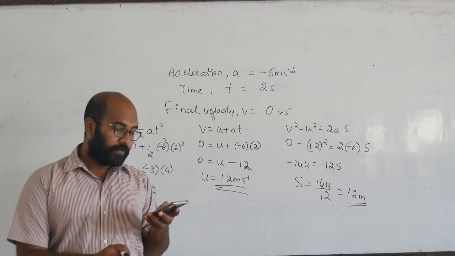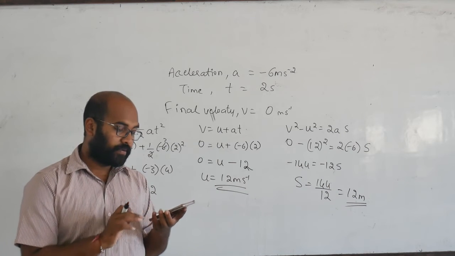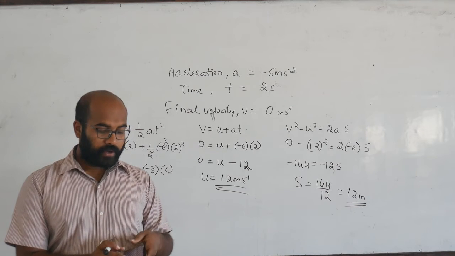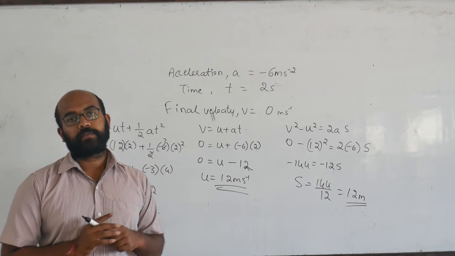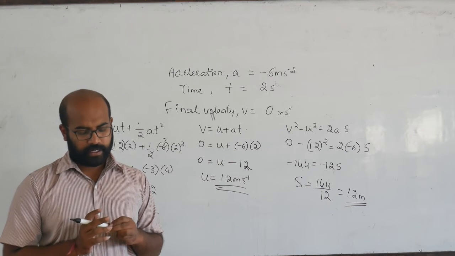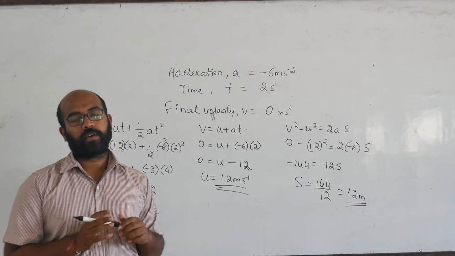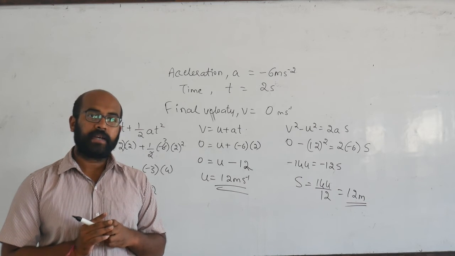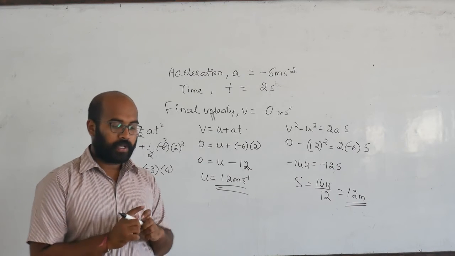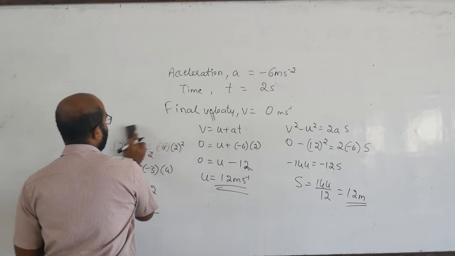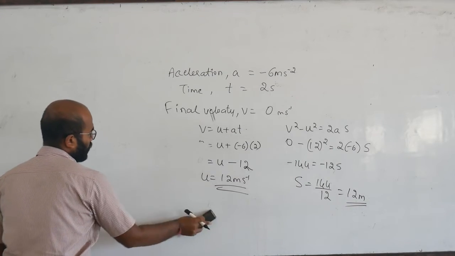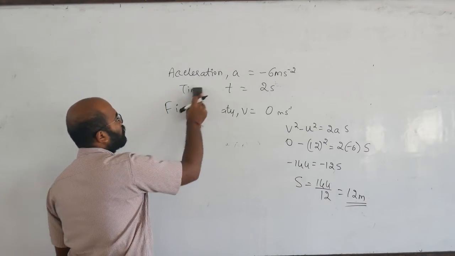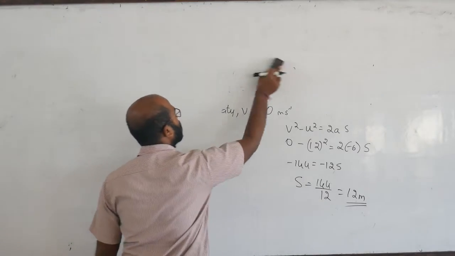So that's all. You are having the example problem. Then what is uniform circular motion? One thing that you need to know for now is, if an object travels with uniform speed in a circular path, then it is called uniform circular motion.